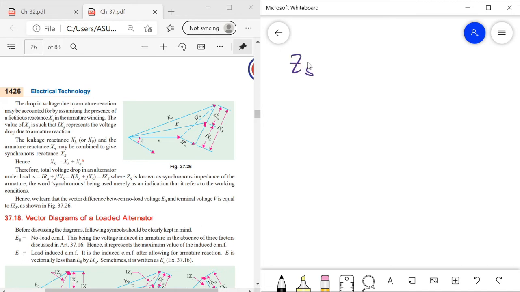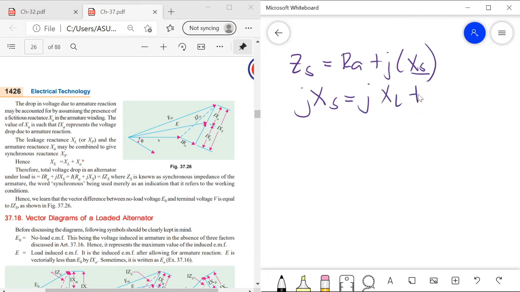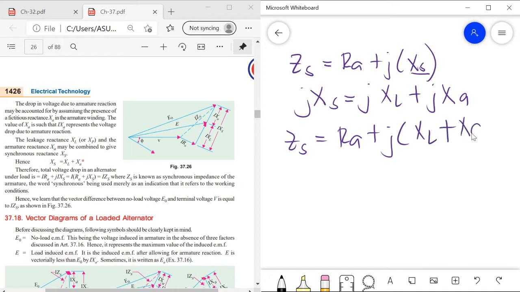So the synchronous impedance ZS is equal to RA plus jXS, where XS is equal to jXL plus jXA. So the synchronous impedance is equal to RA plus j(XL plus XA), the Potier reactance and the armature reactance, plus armature resistance.